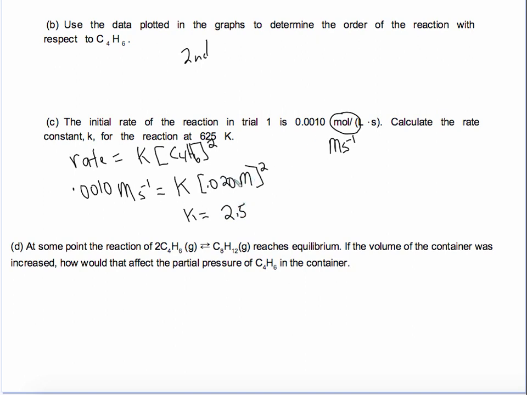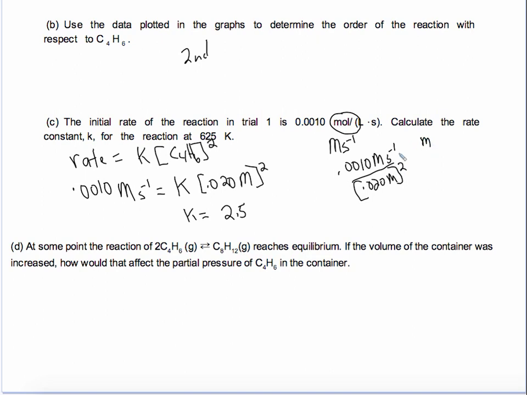But now the units are kind of tricky. When you move this 0.02, you're going to have 0.0010 molarity seconds to the -1, and you're going to be dividing that by, and I didn't calculate the number, but it's 0.020 molarity squared.